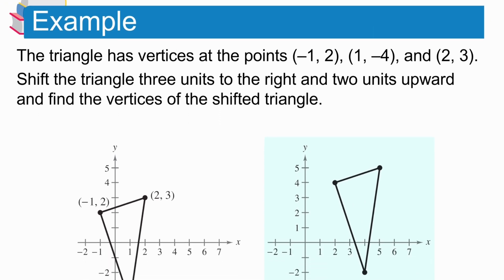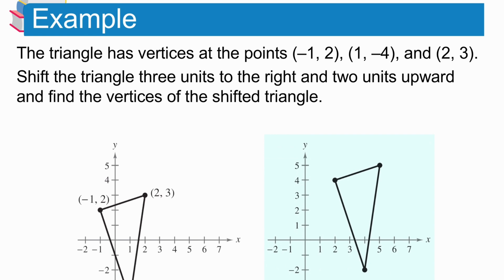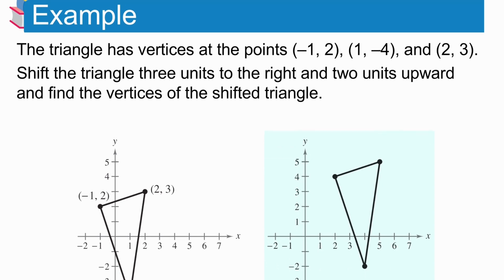And then the last thing, I believe, that we talk about, is if we shift. So here we've got what we've already confirmed was a triangle before, and it says we want to shift it 3 units to the right and 2 units upward.